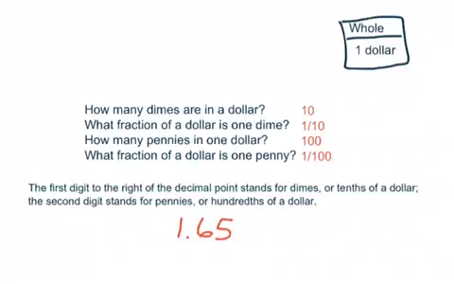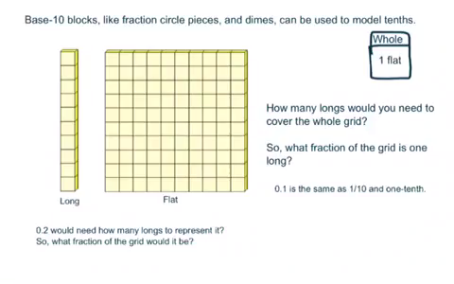This 6 is going to stand for dimes, so I would have 6 dimes, and this 5 is going to stand for how many pennies, or hundredths of a dollar, I have. That goes perfectly well with what's written right here. Hopefully this all connects for you. I should go ahead and put my dollar sign there, shouldn't I? Okay, there you go. Okay, moving on.